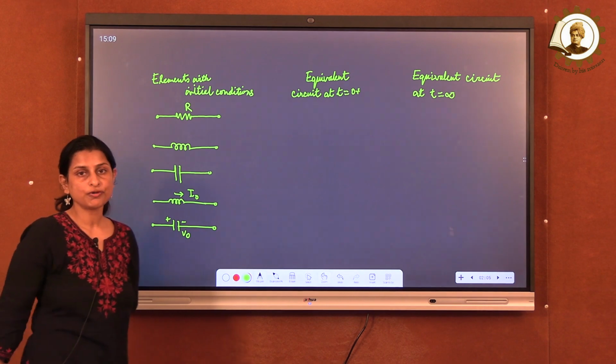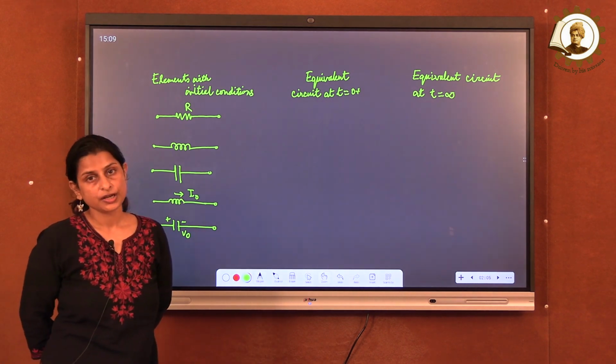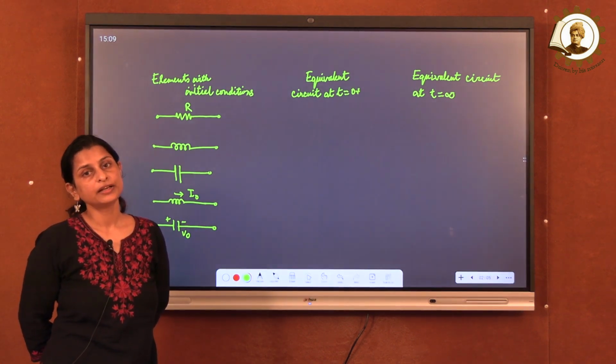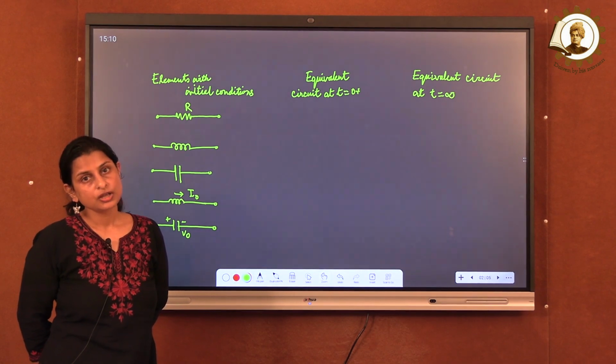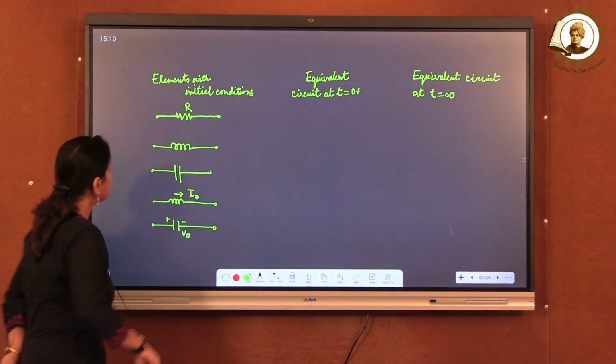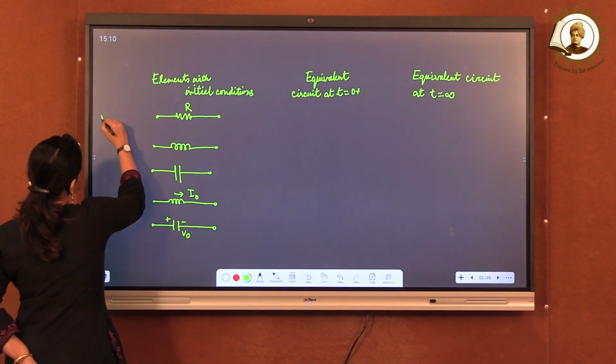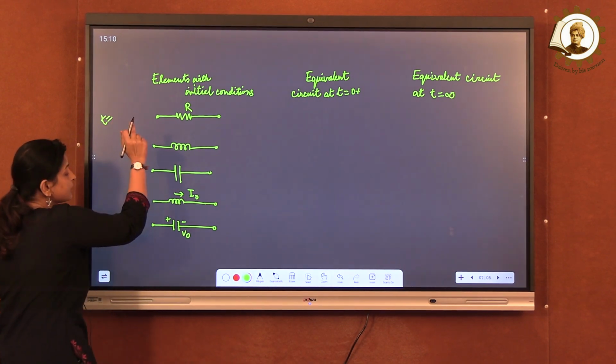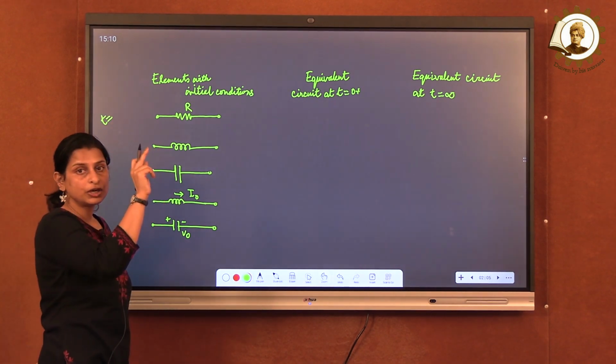Now we will move to the next discussion, which is the initial conditions. Usually when we have a network, we have a switch. The switch is closed at a particular time t equal to 0. The condition before switching is denoted by t equal to 0 minus, means before the switch is closed at t equal to 0.